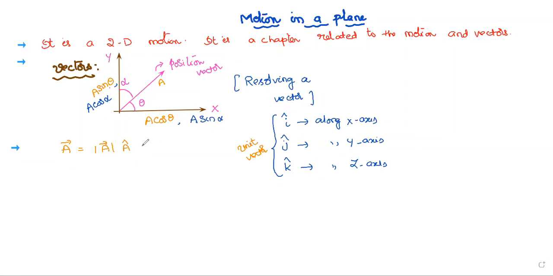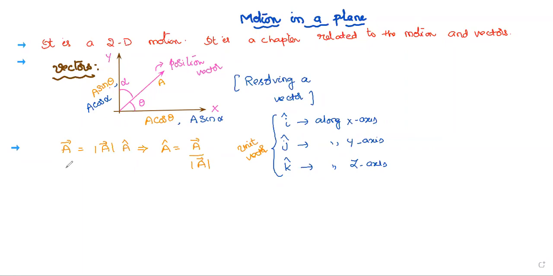Yes, good. So this formula we use when you come to this chapter, because this is a chapter related to vectors. So here, if they ask the unit vector, then we write it as A bar by mod A bar.